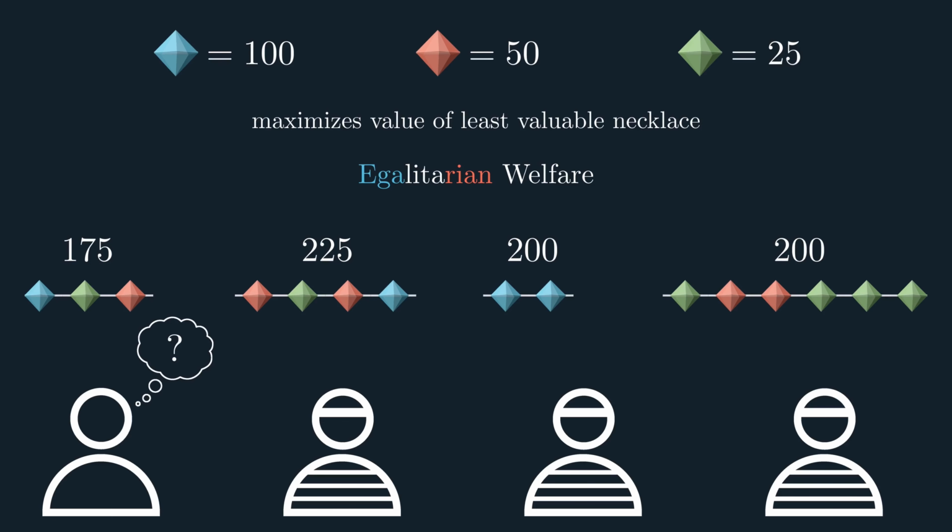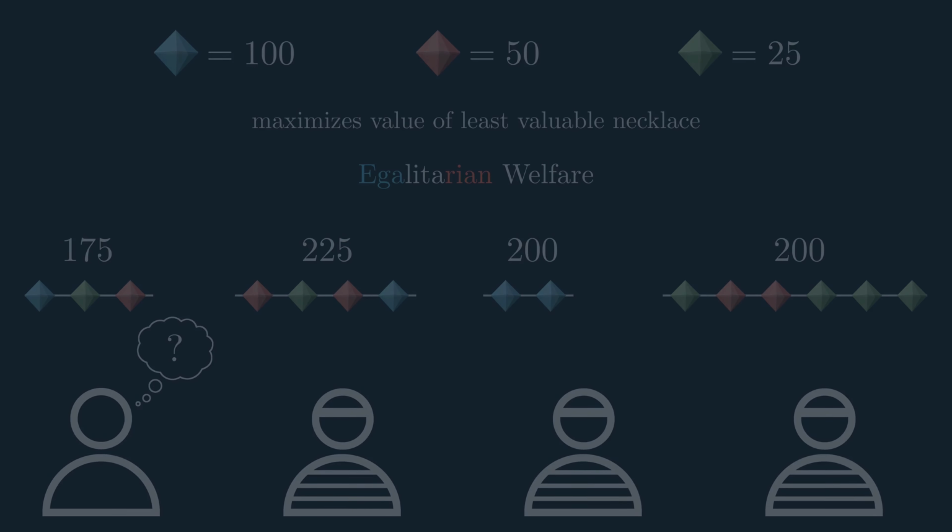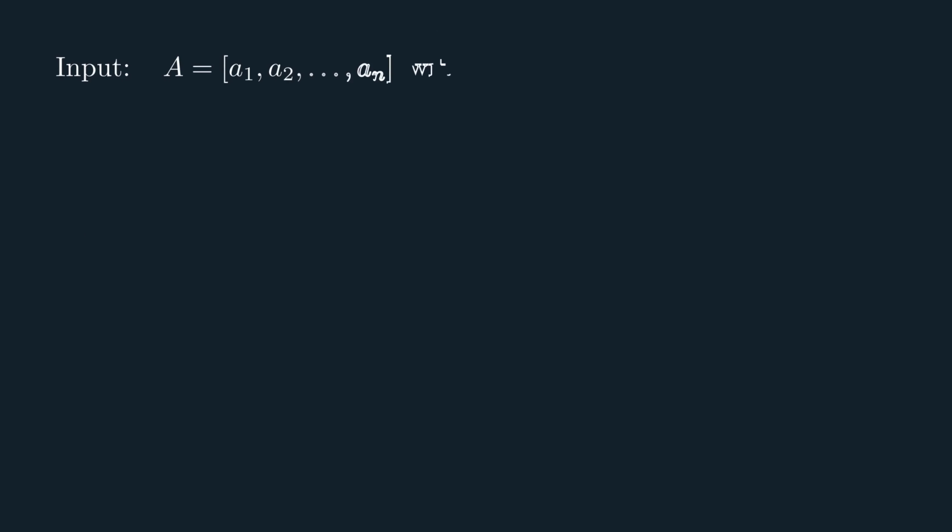To figure that out, it helps to abstract the problem a little so that we can feed it into a program. Instead of thinking about a physical necklace, we will assume that we are given an array A of n integers, where each number lies in the range from 1 to n to the power of 6.